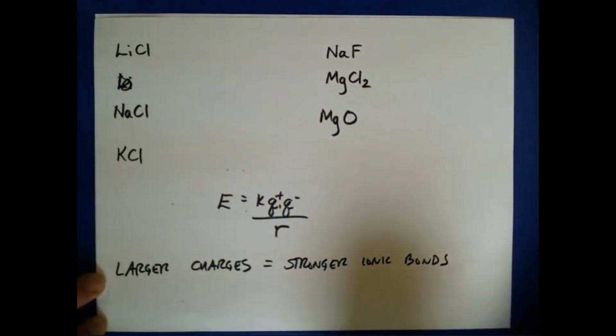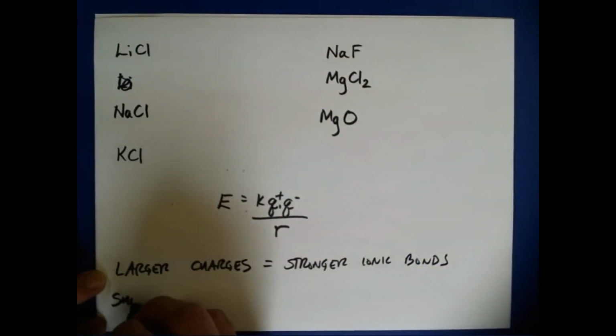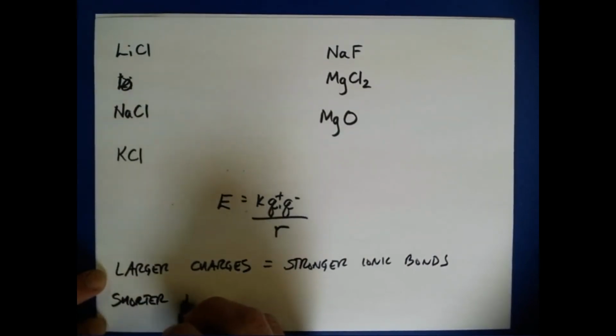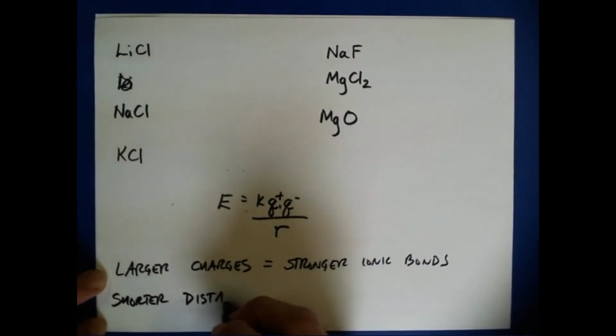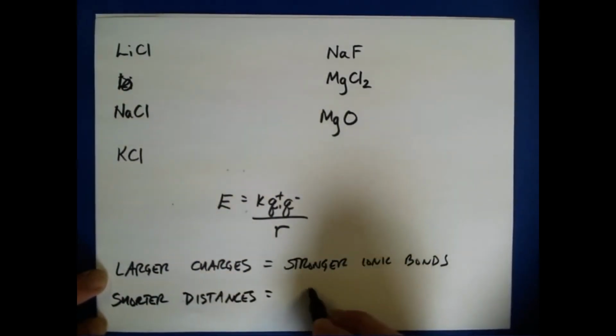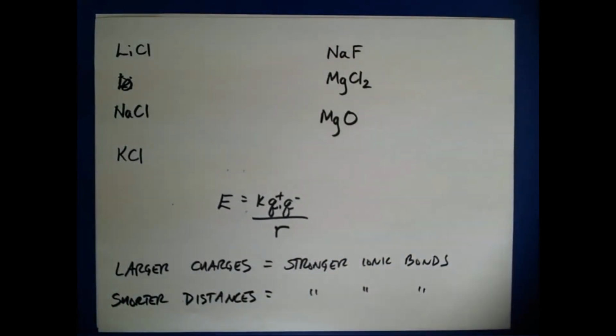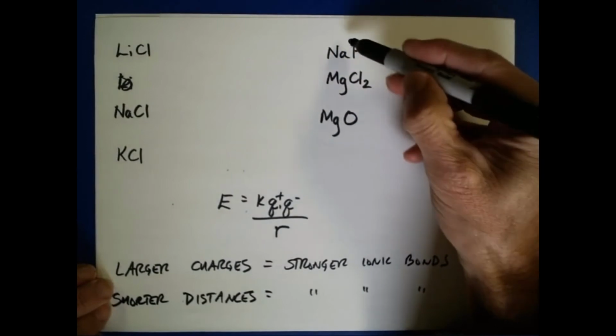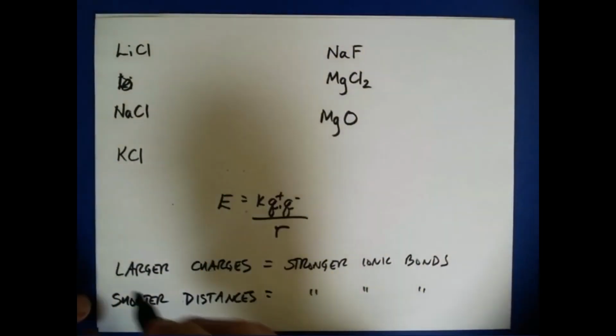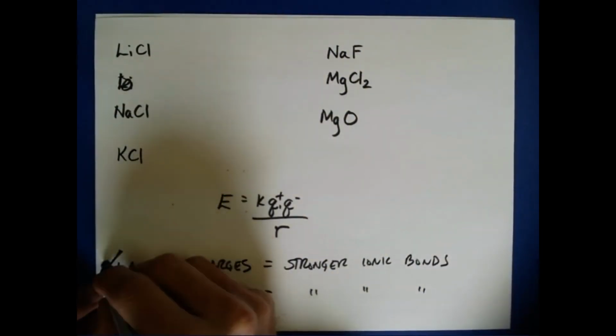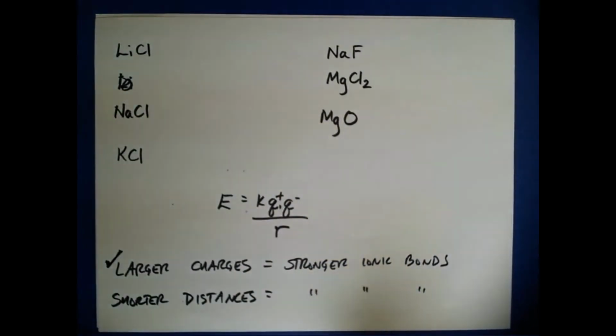And the second thing is shorter distances between the ions, so shorter distances, that's the same thing, stronger ionic bonds, the closer they get together. So here, let's look at these particular ions first, because charge tends to be the larger determinant of the strength of bonds. We go to charges first, and then distances second.